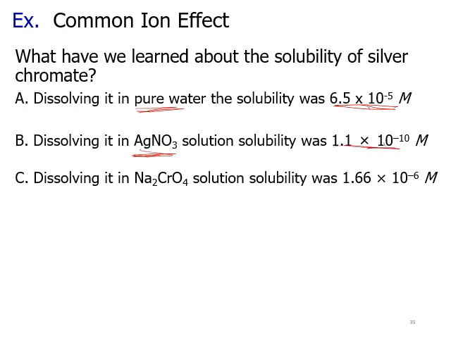So this is common ion effect. The solubility is lowered if we have a common ion in the solution. Same thing if we dissolve it in sodium chromate, which already had a common ion, which is chromate. See, the solubility was decreased as well. All right. So in both these cases, you can see the solubility is actually decreasing as we include the common ion.